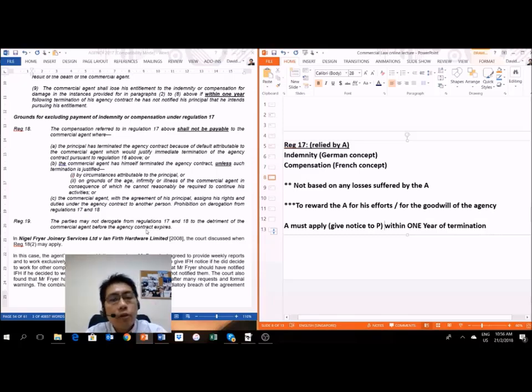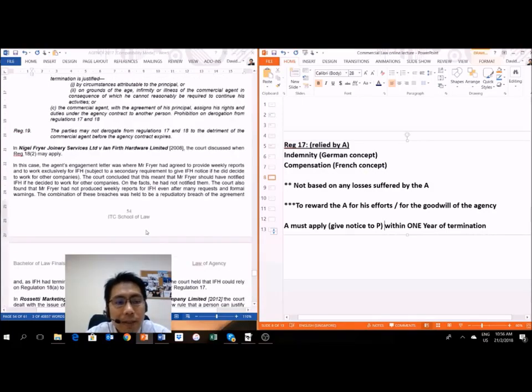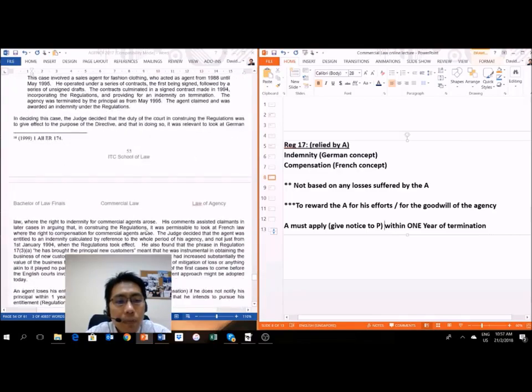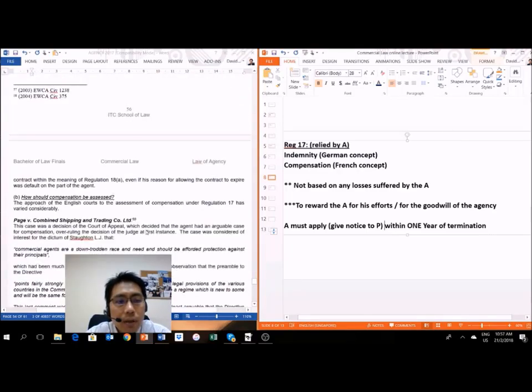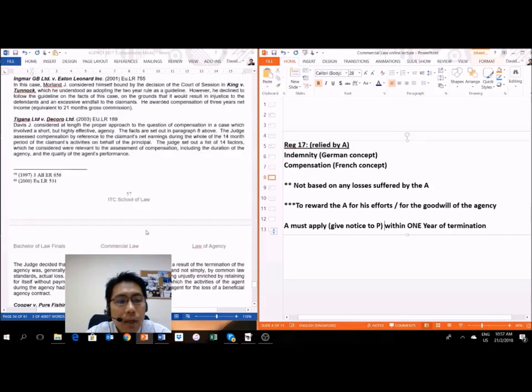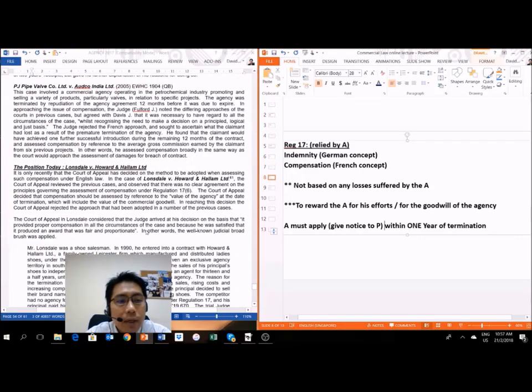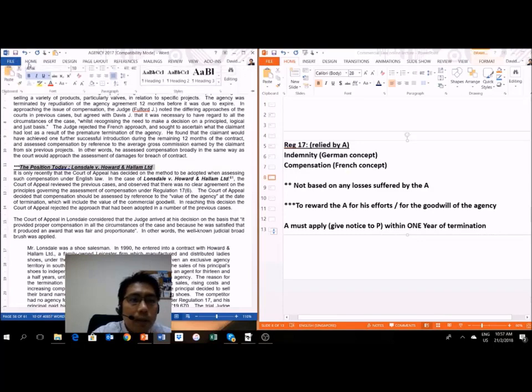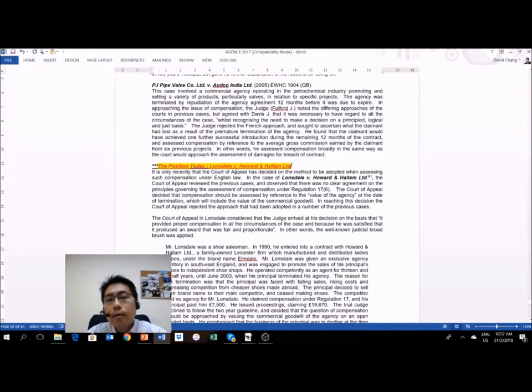But I want to just focus on one particular case, and that is the case of Lonsdale and Harlem. And you find Lonsdale Harlem here in the last few pages of the notes. So here, I put a 3-star, and I highlight this as important, where we want to look at the position today and the case by the House of Lords of Lonsdale.